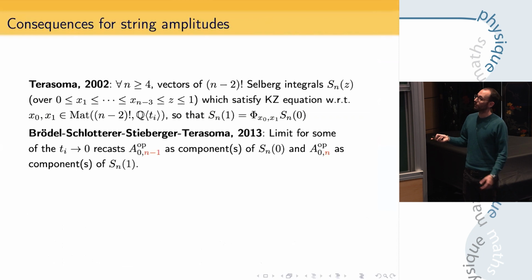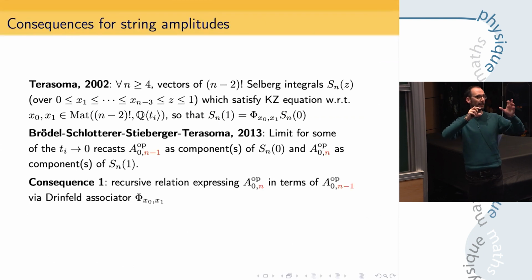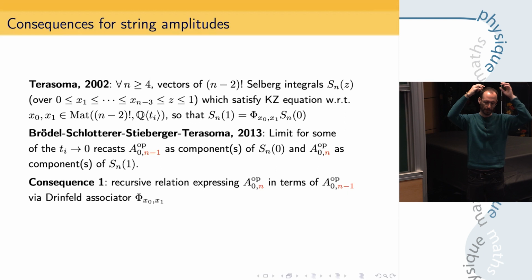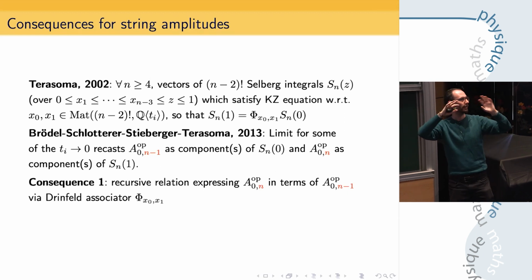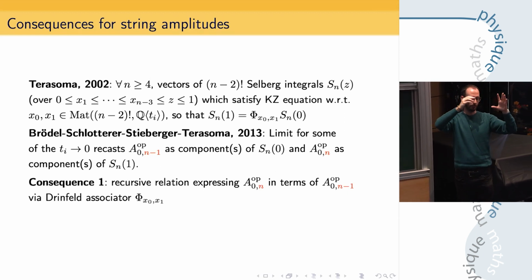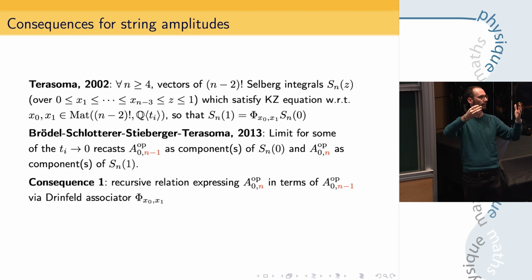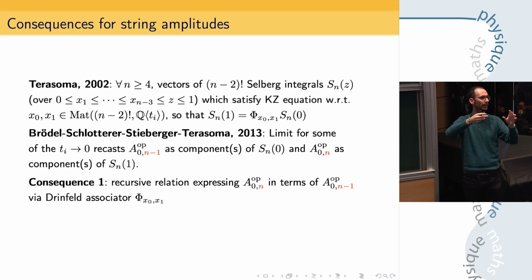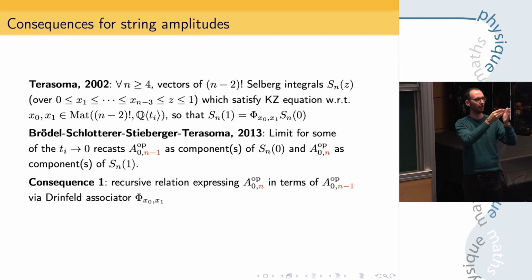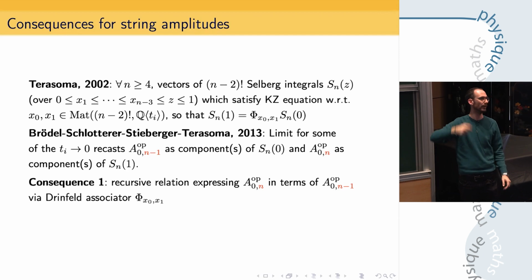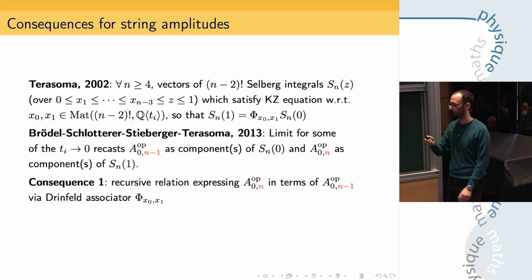And also, from the fact that the matrices have a certain finite size, so they're 2 by 2, and then (n minus 2) factorial, I think, is the size of the matrices. If you look at this Drinfeld associator, you expand it in terms of commutators, you see that some of the commutators will be killed if the rank of the matrix is not big enough. And so to go from 3 to 4 points, you will just have the odd Riemann zetas, and then you will have more multiple zeta values and more. And eventually you will get all of them, as Pierre mentioned, but you need to go all the way to infinity.